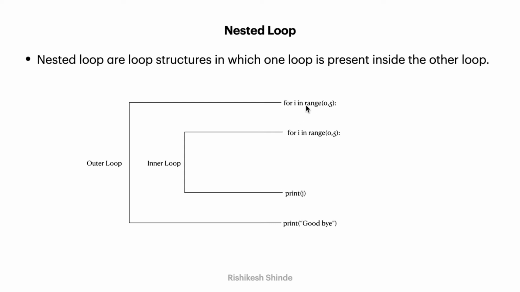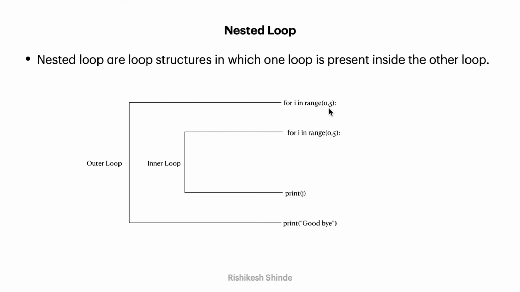Then for i equal to 1, this outer for loop will again give the control to the inner for loop. Again this inner for loop will execute, and this will happen until the outer for loop exceeds the condition. Okay, so that is the basic idea in nested for loops.